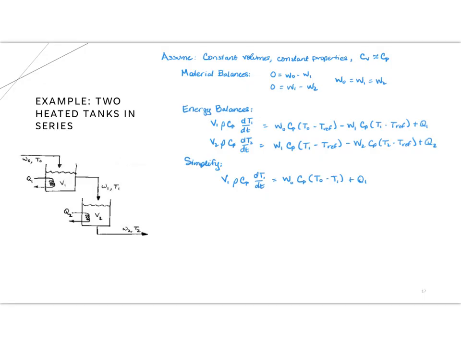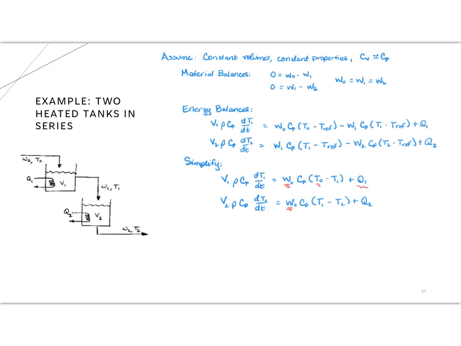So if W0 is well defined, right? If I know W0, and I know T0, then for some disturbance function Q1, or maybe that's my manipulated variable, with that known input, I can then solve this equation for T1.